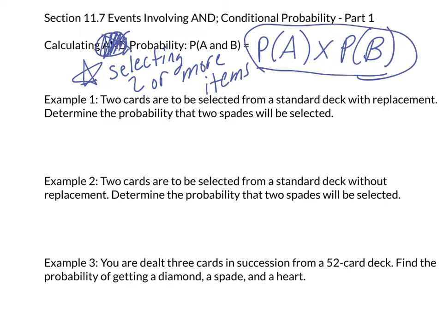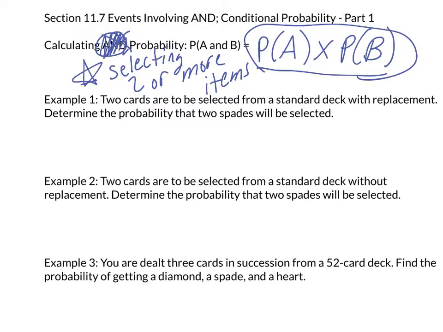However many items you select, that's how many fractions you multiply. If I'm selecting 2 cards, I'm going to multiply 2 fractions together. If I'm selecting 3 cards, I multiply 3 fractions together.